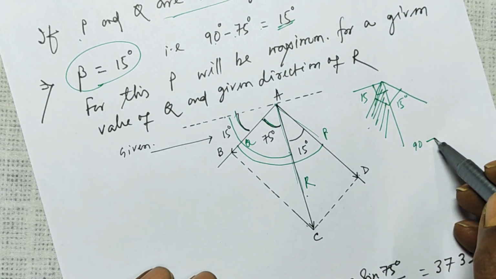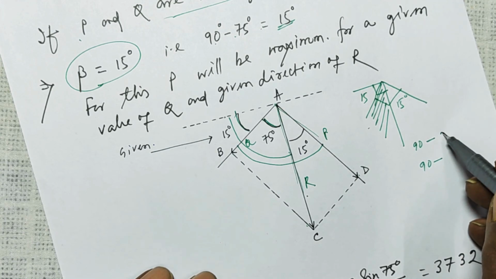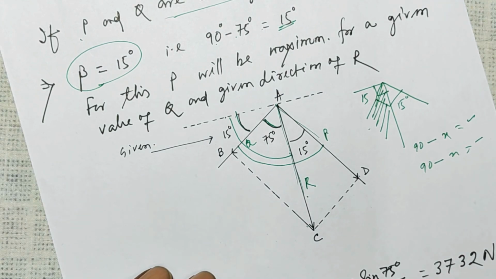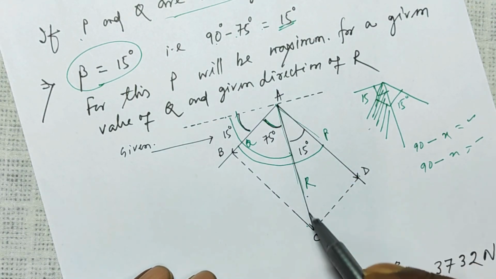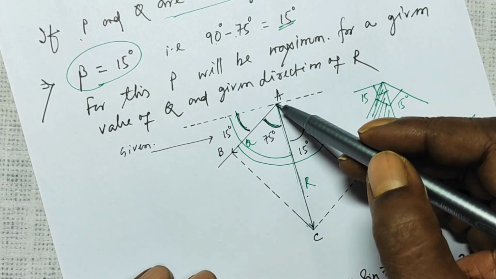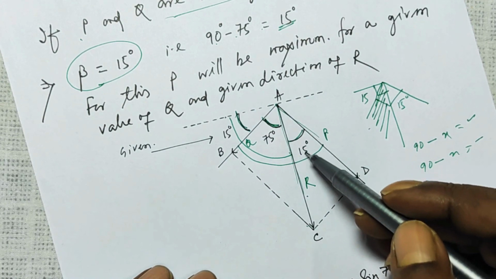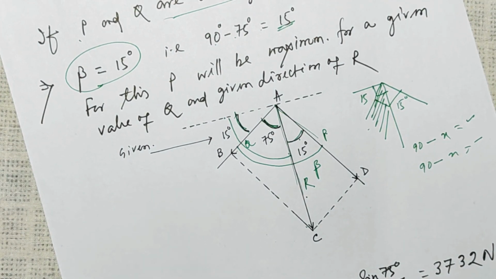If you take out something from here, where it is 90, and you take out the same thing, let's say x, from here, whatever is left will be equal. So from this 90, 75 is taken out, left with 15. From this 90, 75 is taken out, so I am left with 15. And this was your beta, so beta is equal to 15.